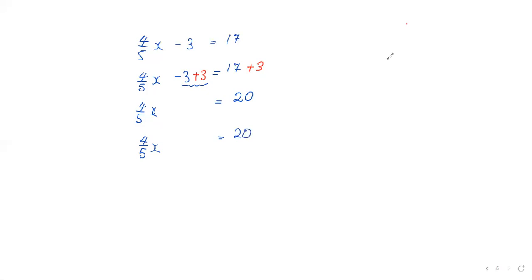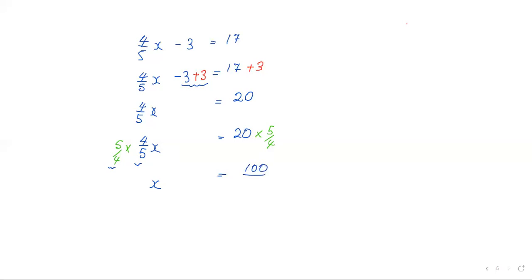Now we need to multiply by the reciprocal of 4 over 5, which is 5 over 4. A number multiplied by its reciprocal, the answer is 1. Because 5 times 4 is 20, 4 times 5 is 20 over 20. That gives you 1. But 20 times 5 gives you 100.